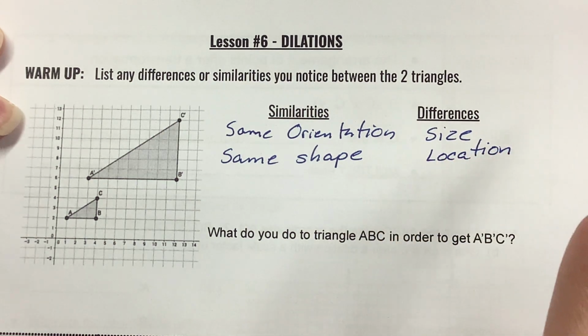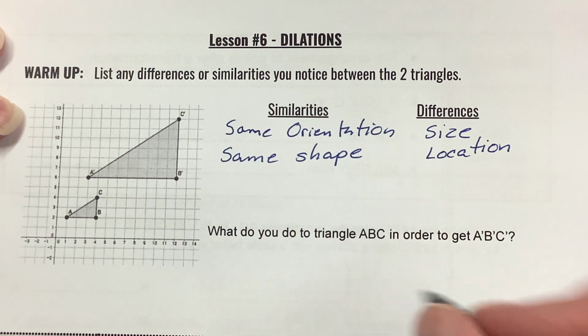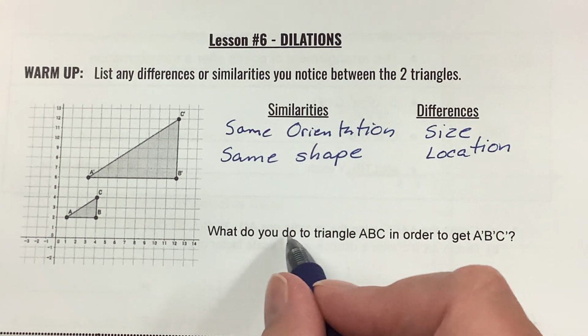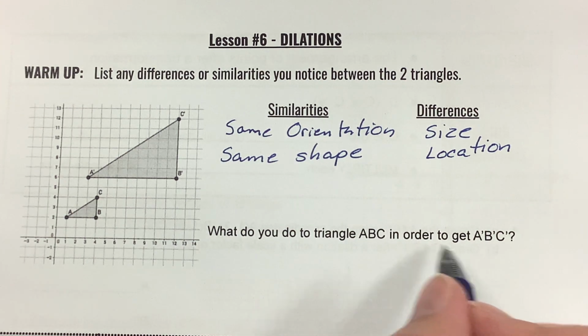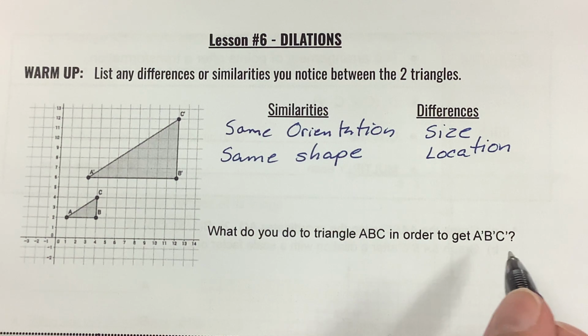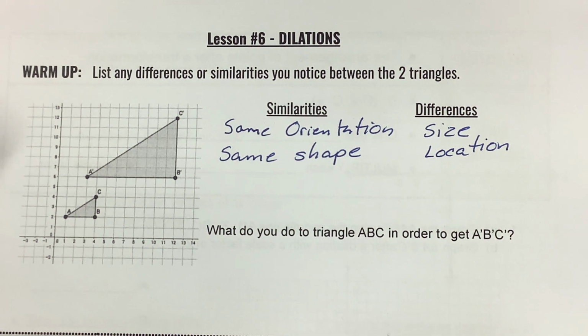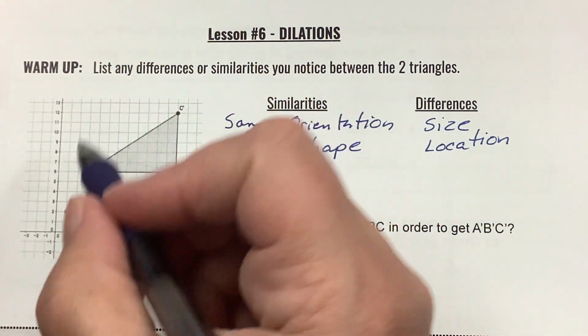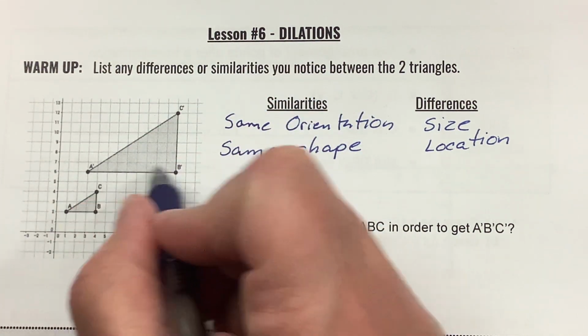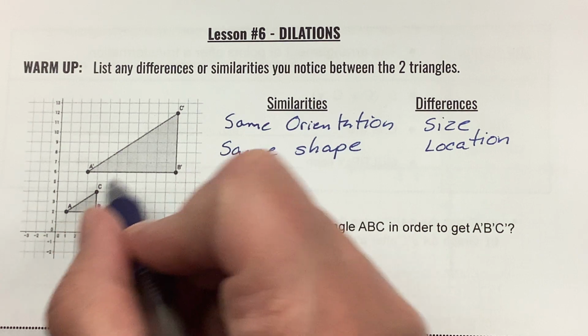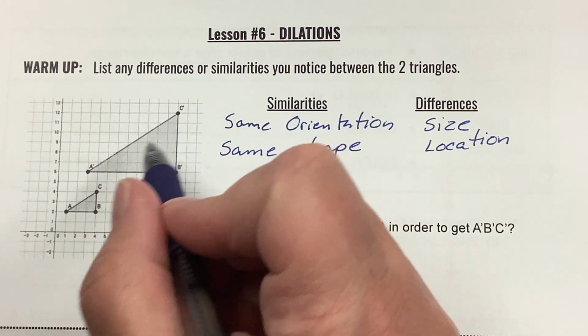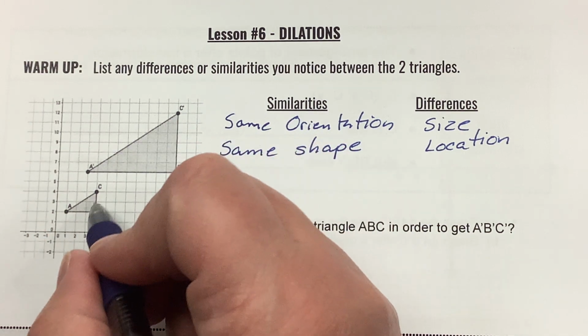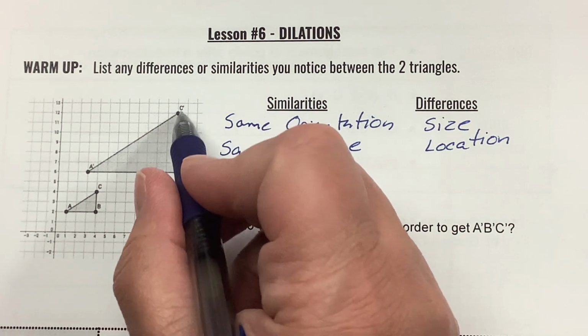All right. Now, what do you do to triangle ABC in order to get triangle A prime B prime C prime? Well, let me put my glasses on so I can see which one has the primes. Okay, this is the original, this is the prime. So this one is much bigger than this one. Let's see, this is 2, 4, 6.